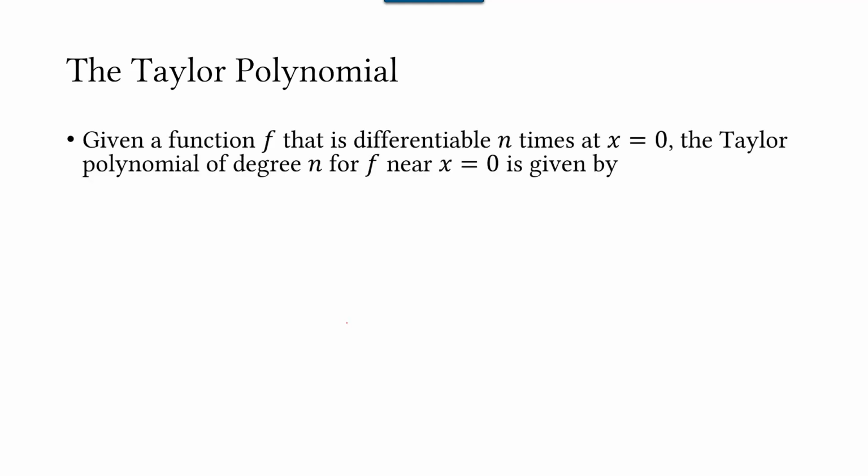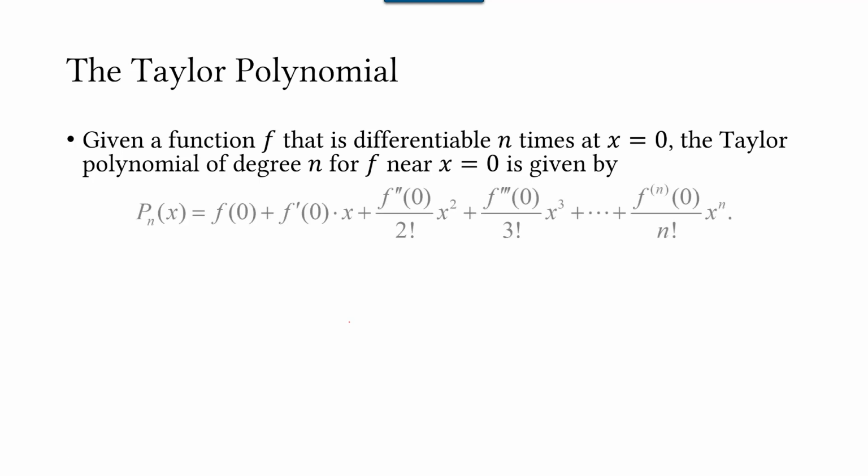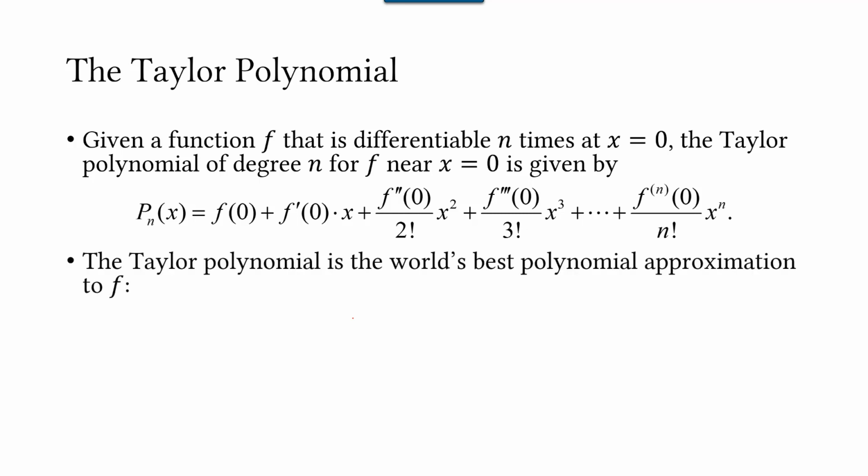To put this into a general form that we can use as a formula, as long as our function has n derivatives, then the Taylor polynomial of degree n for the function near 0 is, instead of a0, a1, and so on, we use what we just discovered, that a0 is f of 0, a1 is f prime of 0, and so on.